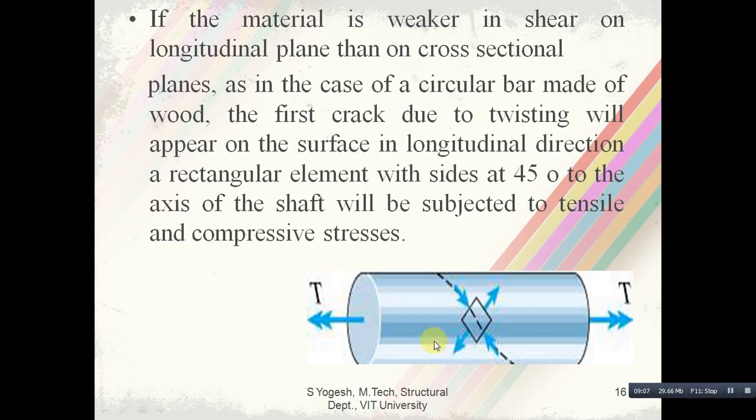If the material is weaker in shear on the longitudinal plane than on the cross-sectional plane, as in the case of a circular bar made of wood, the first crack due to twisting will appear on the surface in the longitudinal direction, at an angle of 45 degrees to the axis of the shaft, which will subject it to tensile or compressive stress.